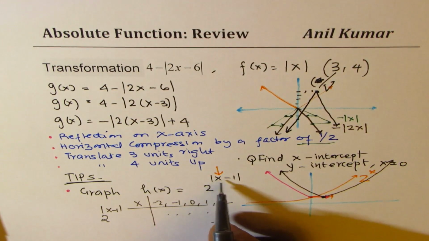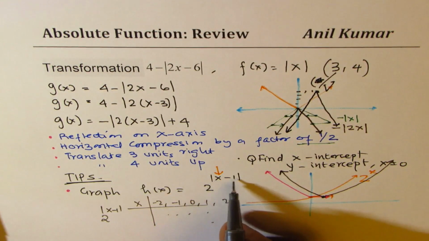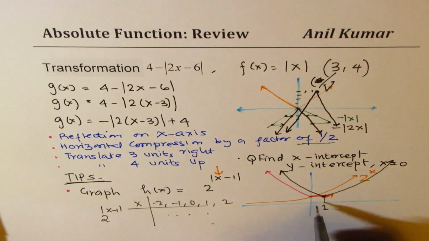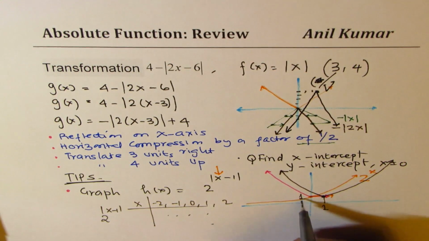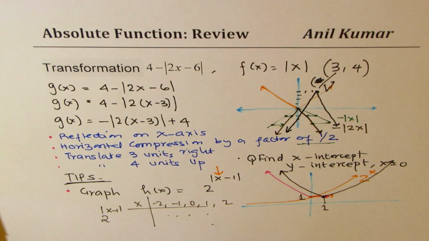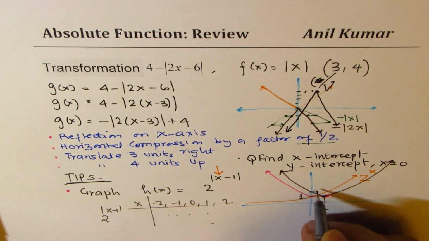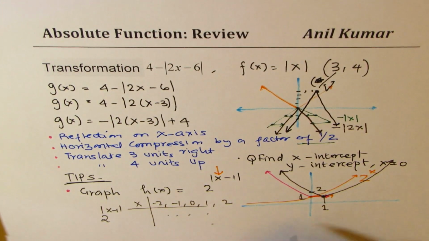So if I write 1 here, 1 minus 1 is 0, and anything to the power of 0 will be 1. So that point represents 1, 1 for me. Do you see that? Correct? So if I write 0 here, then it is to the power of 2. So this point represents 2 for me. That is how you're going to sketch it.